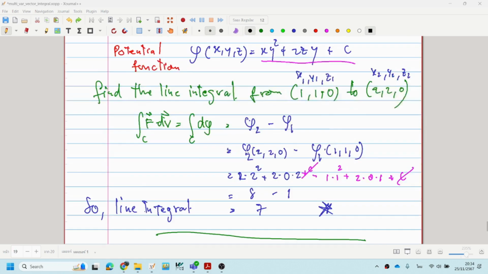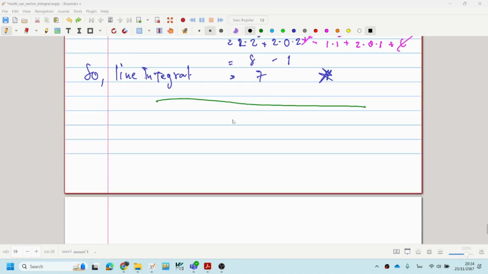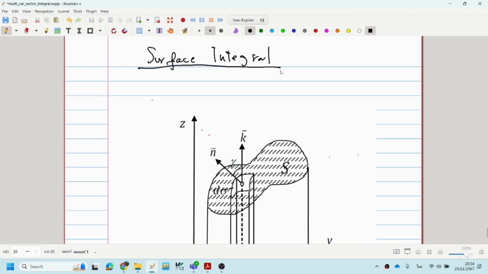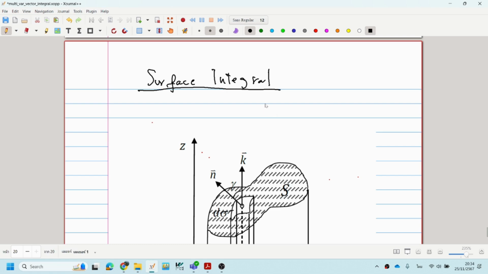This topic is the surface integral. It's the first surface integral. We need to find the integral of vector F dot d sigma over the surface.